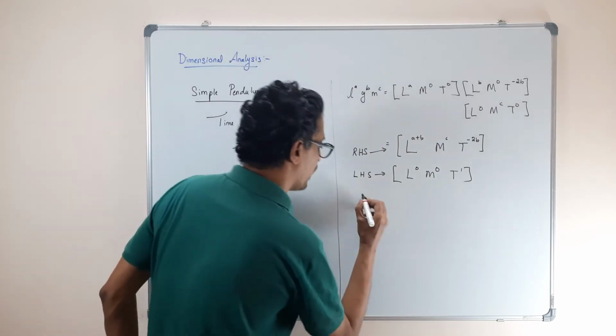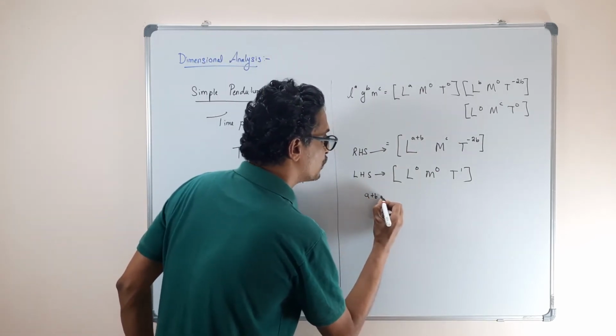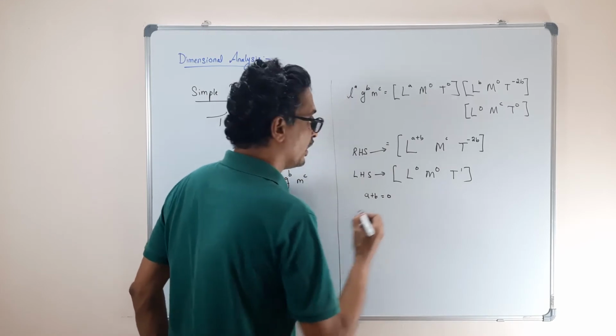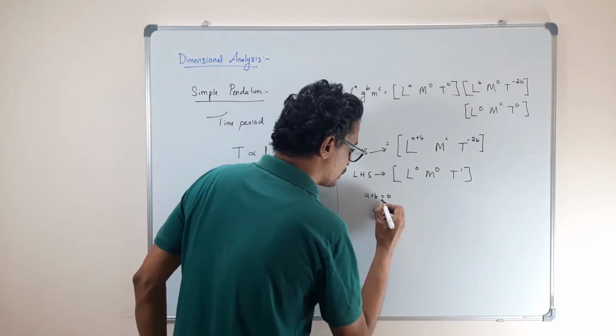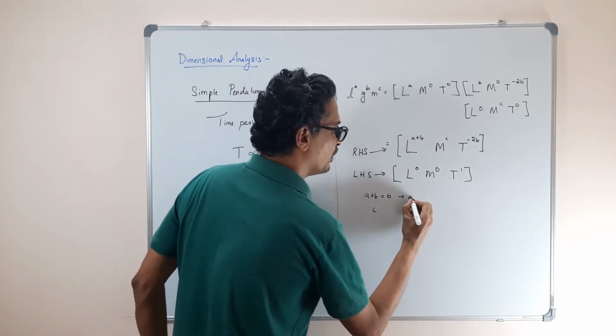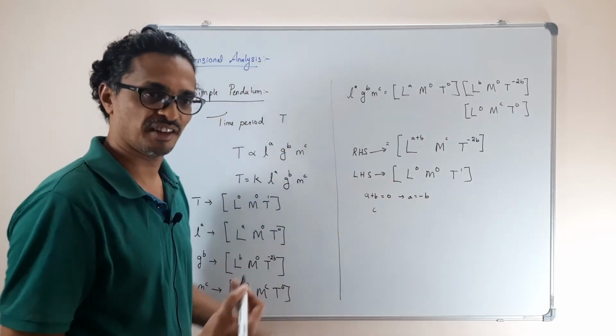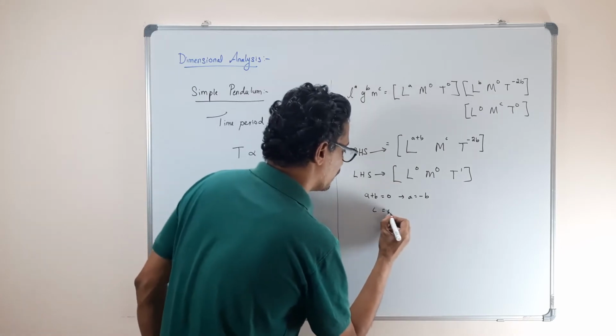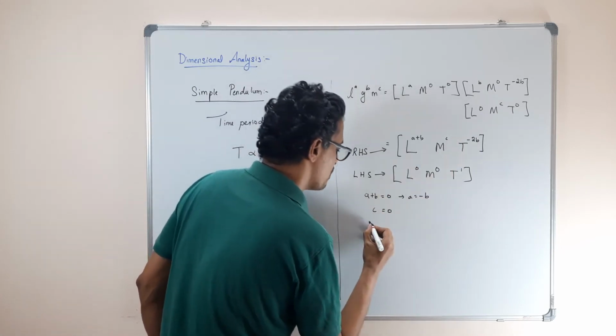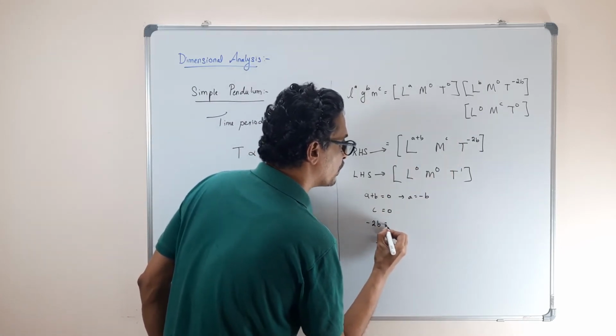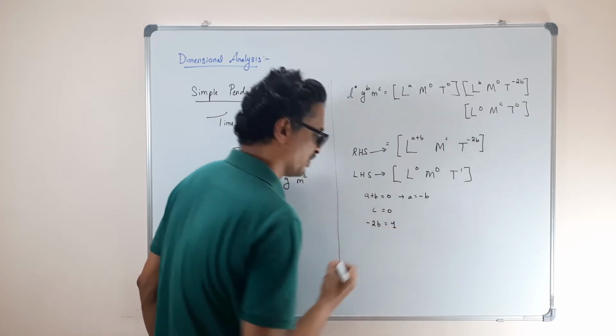So a plus b should be equal to 0. This gives me a equal to minus b, or b equal to minus a, whatever. Correct? c is equal to 0. And the last one is minus 2b equal to 1.